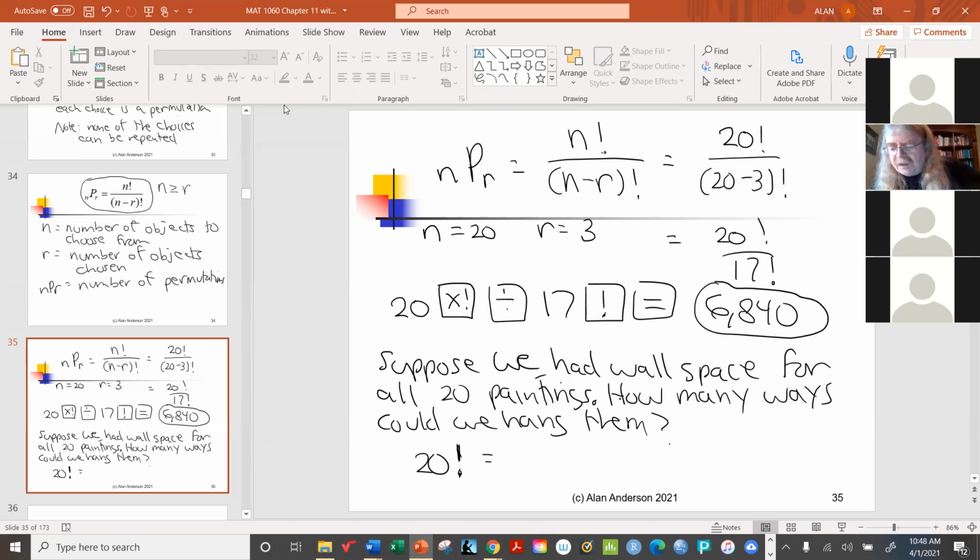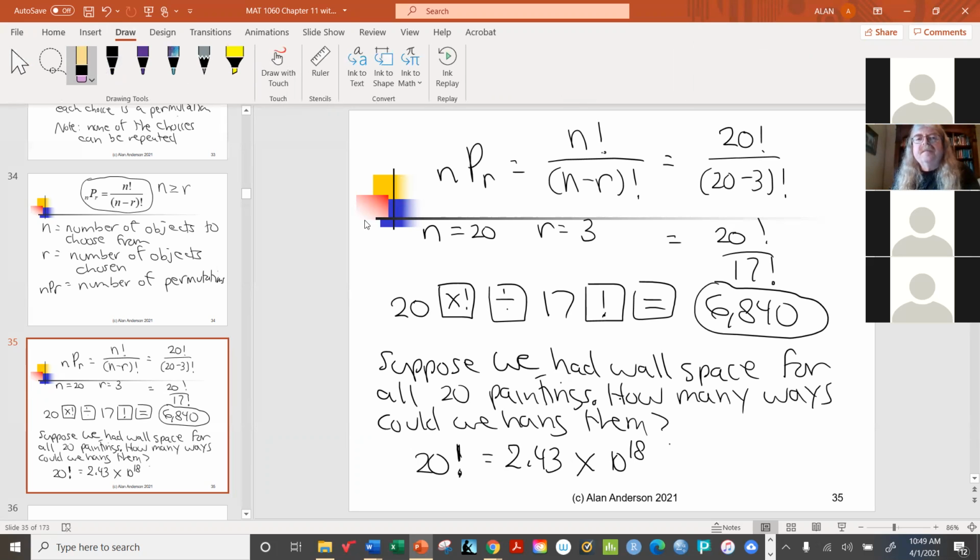And if you go to your calculator, you'll see, oh my God, it's enormous. 2.43 times 10 to the 18th power. Remember, it says at the end E18, and that means 10 to that power. So you can see it makes a bit of a difference. If we had the room, we could hang them all. There'd be room for 20. Oh my God, 2.43 times 10 to the 18th. Instead, because we can only pick 3 of them, that leaves a space for 6,840.